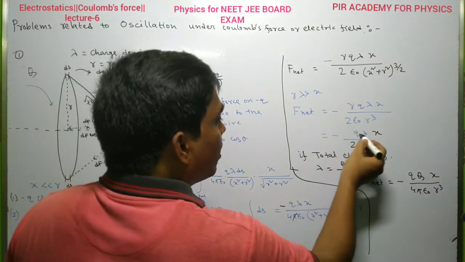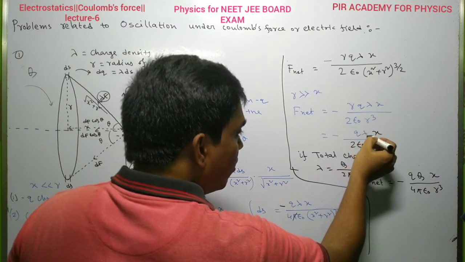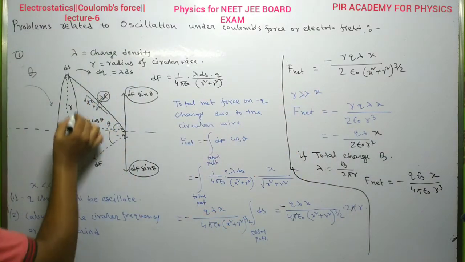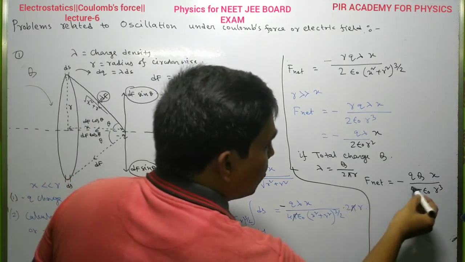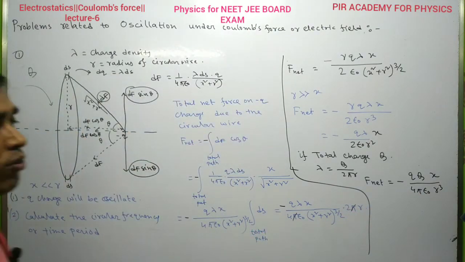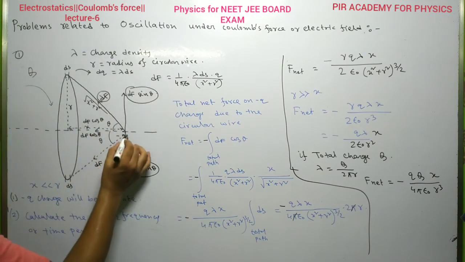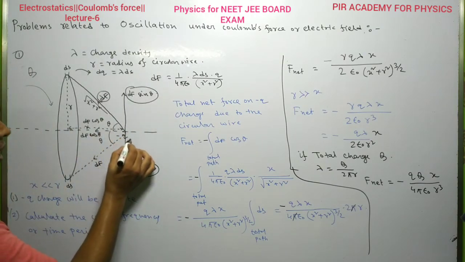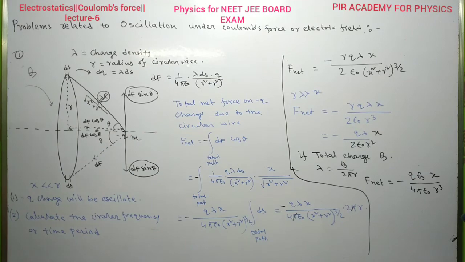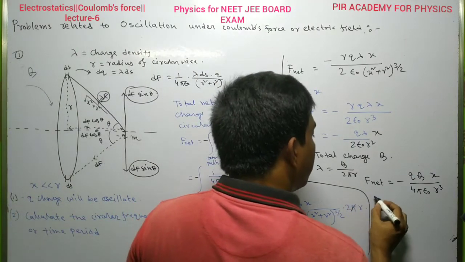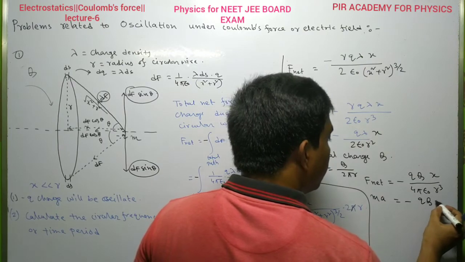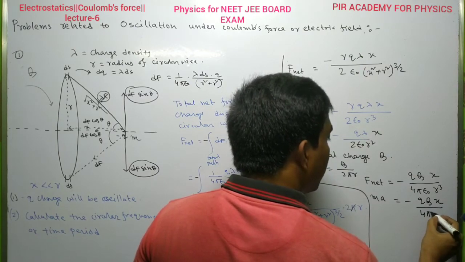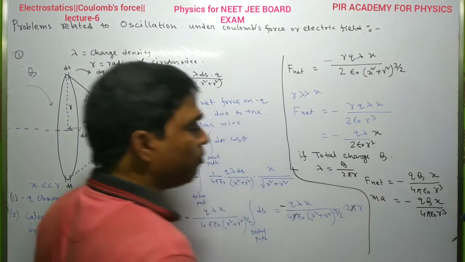You may calculate with the help of lambda, or you may calculate the total charge of this circular wire. So F net will be along this direction. If the mass of this charge is m, then mass into acceleration will be minus q x divided by 4 pi epsilon naught r cube.